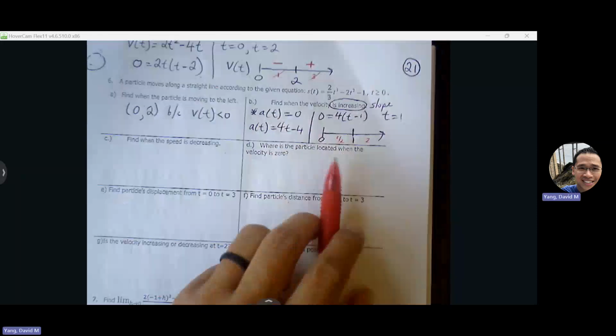Test each subinterval here. I'll test 1/2. I'll test 2. 1/2 in for t, I'll get negative. 2 in for t, I'll get positive.